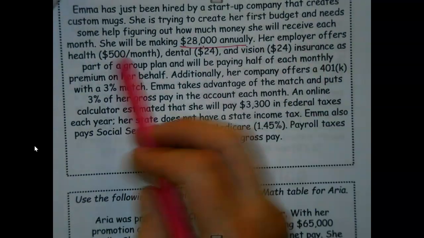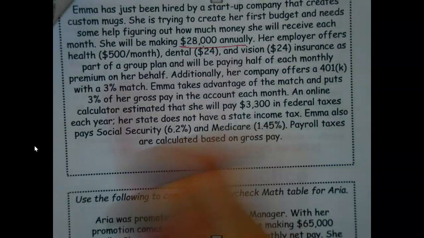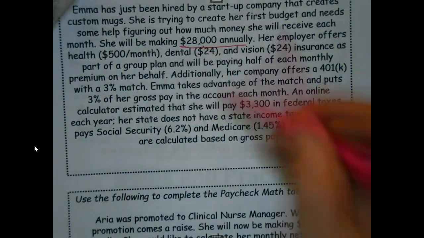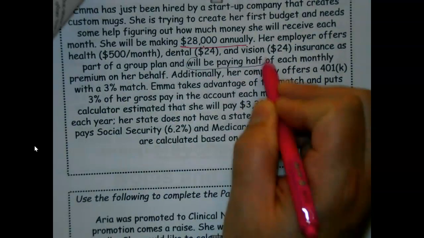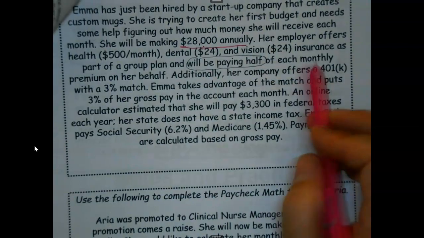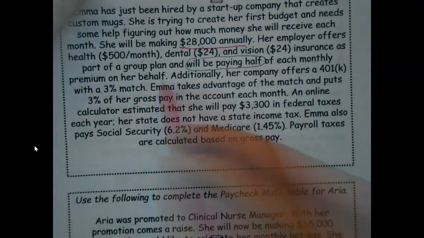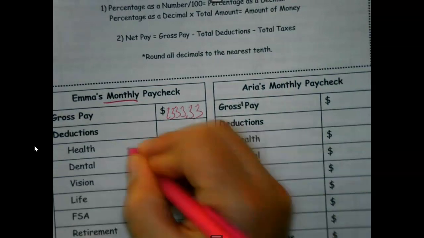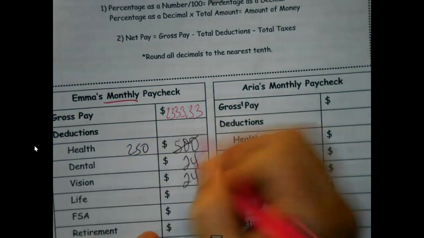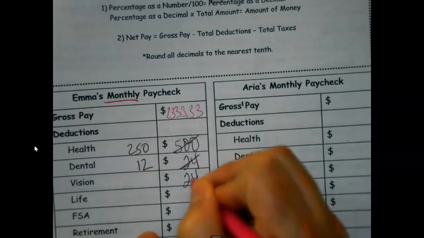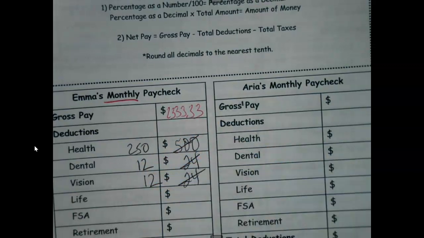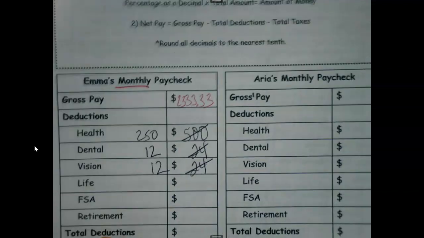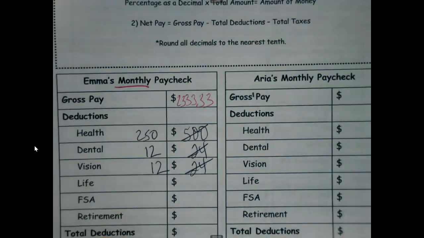Her employer offers health, dental, and vision insurance as part of a group plan, and will be paying half of each monthly premium on her behalf. Well, that's nice. We're going to fix that. 250, 12, and 12. That's good stuff. Good job, startup company.